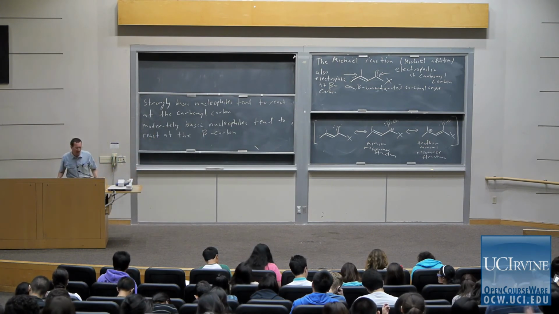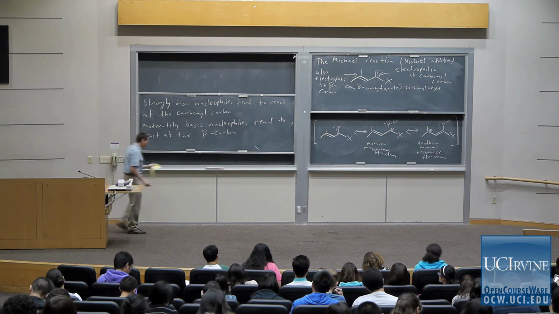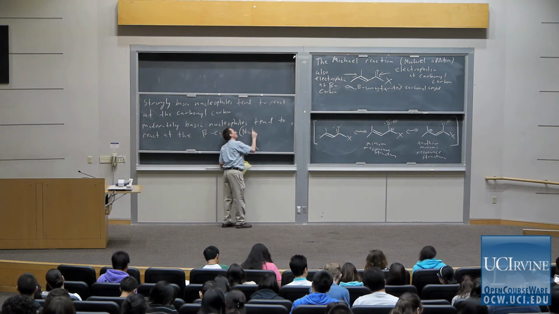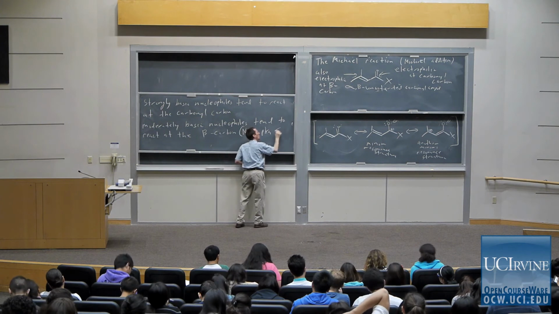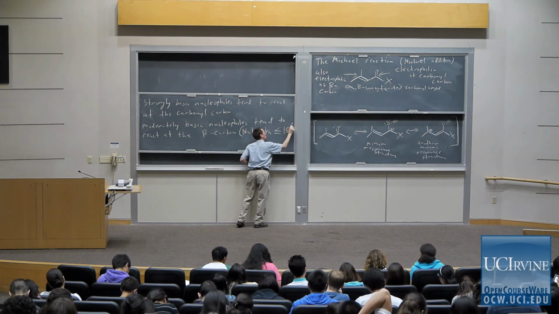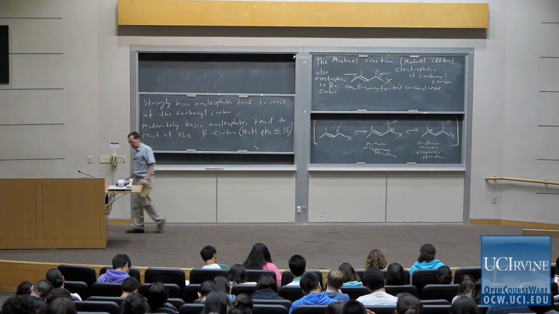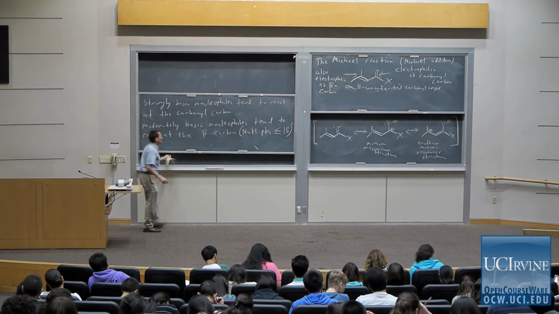Now, what do I mean by moderately basic? Let's say the conjugate acid has a pKa of less than or equal to 15. And these are generalizations and tendencies. What do I mean by strongly basic nucleophiles?